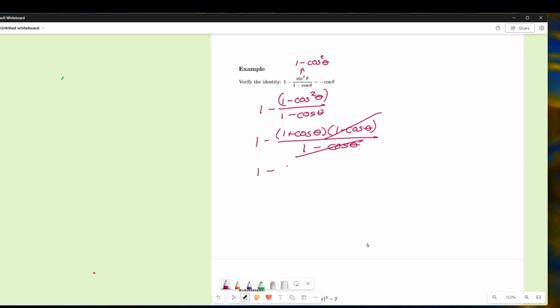Get 1 minus 1 plus cosine theta. Make sure to distribute that negative. 1 minus 1 minus cosine theta. Those subtract away. And we get negative cosine theta. That's what we wanted. So a couple of different ideas on ways to go with that one, but I think that was probably the nicest one.